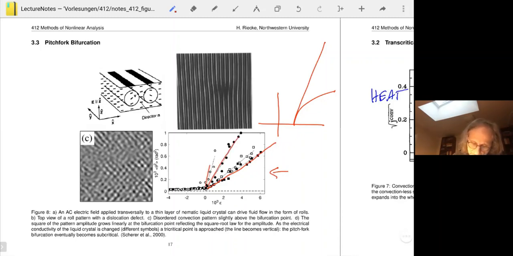And you see that it sort of has the trend to become vertical. Well, it's not getting vertical here, but you can see how this could become where the slope here would be negative. And so the bifurcation would go from a supercritical pitchfork to a subcritical pitchfork bifurcation. And where the slope is vertical, that would be our weakly subcritical case that we discussed, where the analysis with the quintic pitchfork equation would actually be valid.